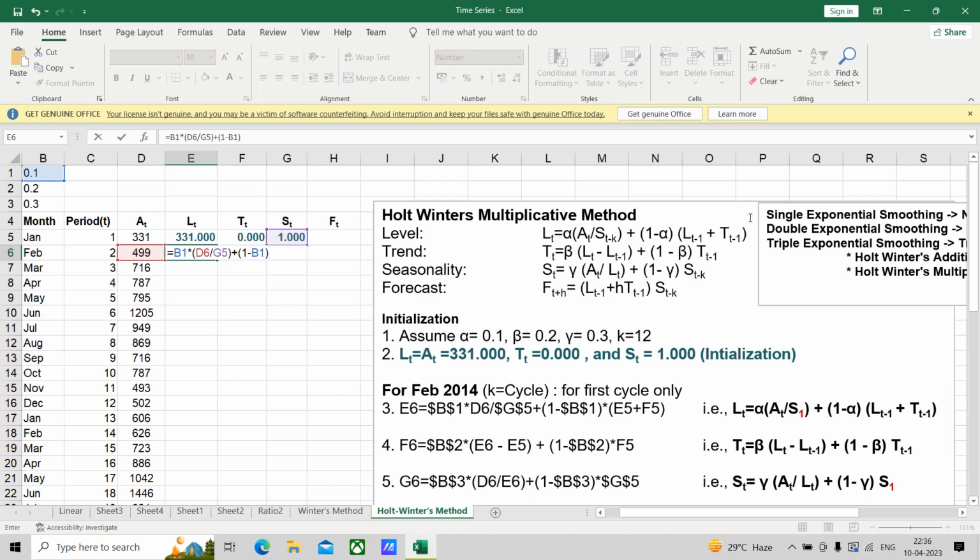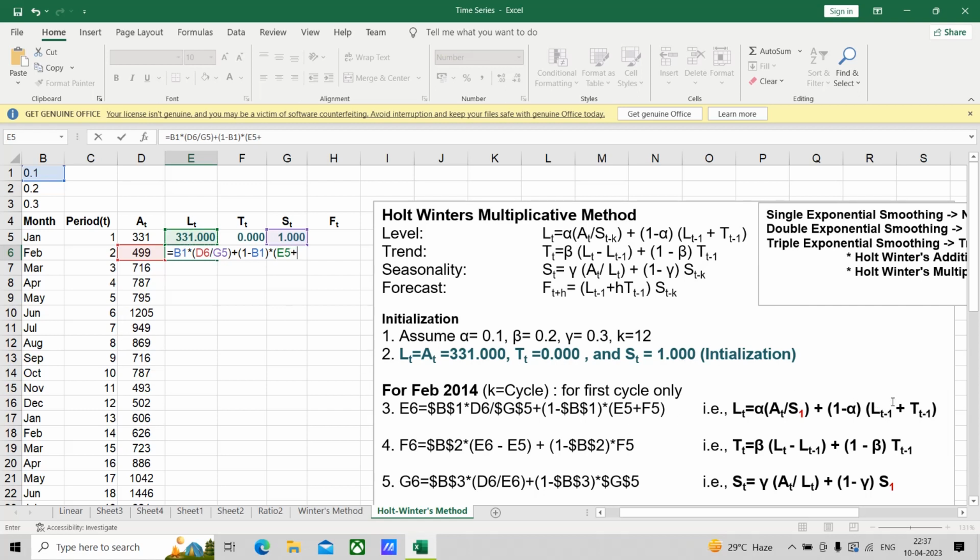After that we multiply, so put here the multiplication sign, then again open the bracket, and at this place we put the value of L(t minus 1). t is 2, so 2 minus 1 is L1, and L1 is this value. So we click here, and then we enter plus.